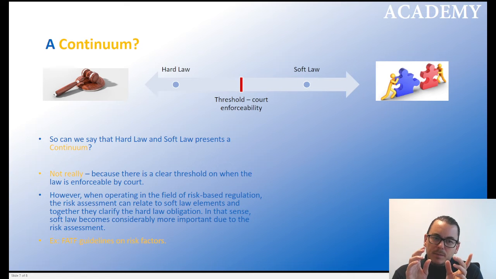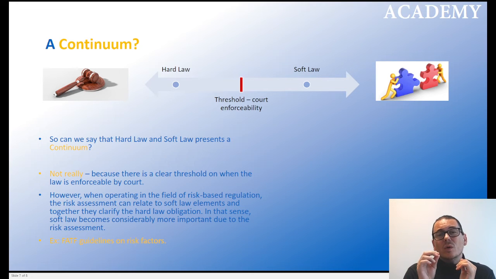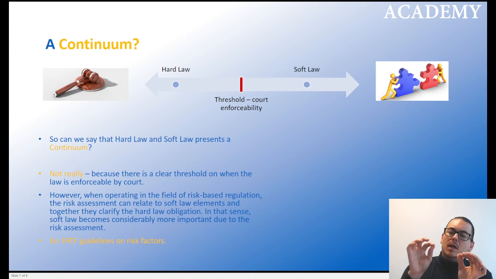I put out an example here with the FATF guidelines, so we will be in the area of money laundering and terrorism financing. FATF is an intergovernmental organization. They have recommendations on how to address money laundering, but they also go out and evaluate all the countries in different areas on how well their systems and operational systems are in the fight against money laundering and terrorist financing.